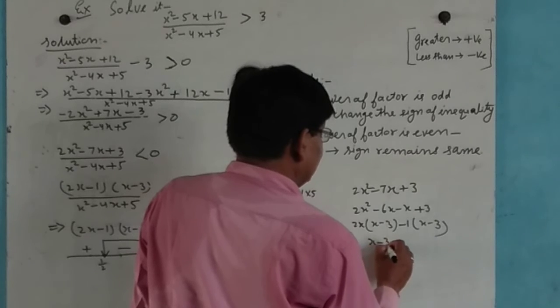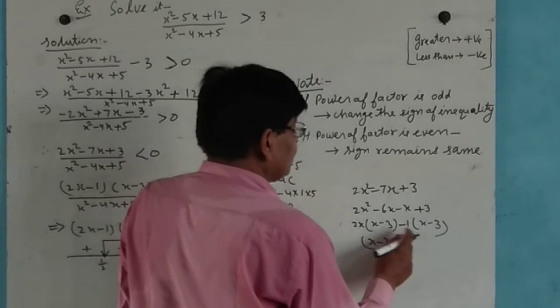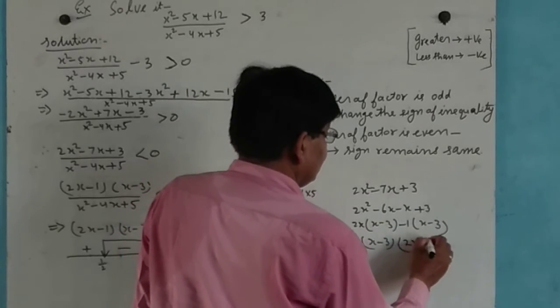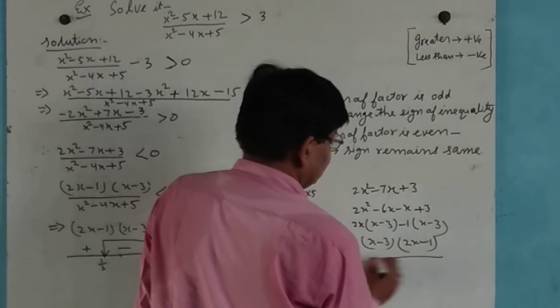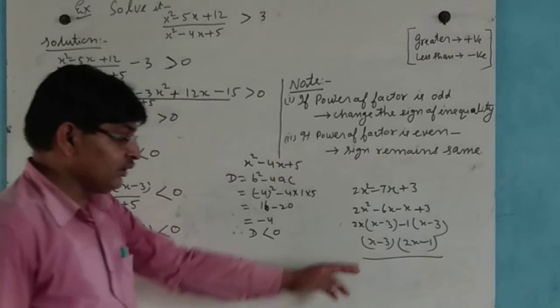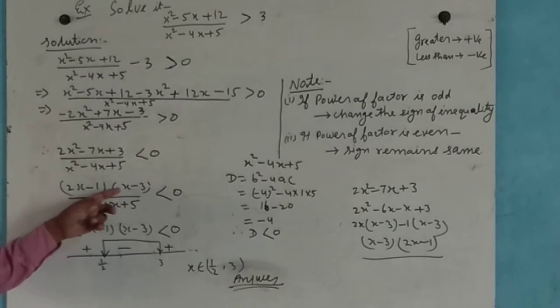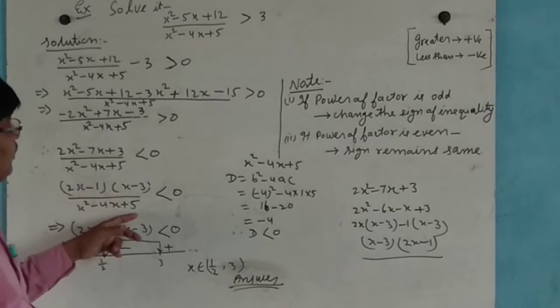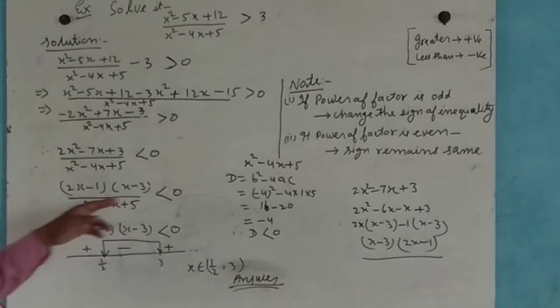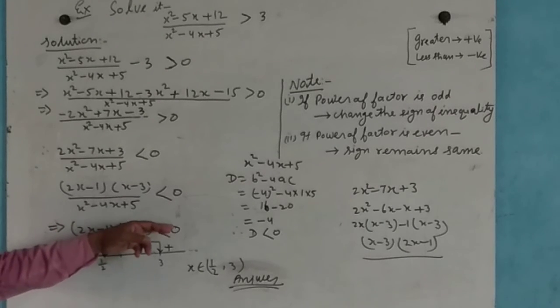Now x minus 3, here 2x minus 1. The factors are x minus 3 and 2x minus 1, divided by x square minus 4x plus 5, which is always positive, so 2x minus 1 and x minus 3 less than 0.